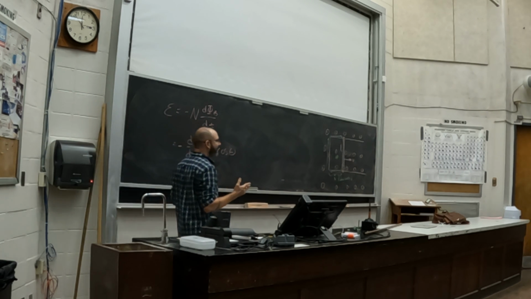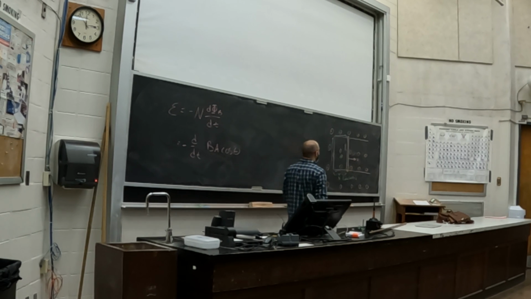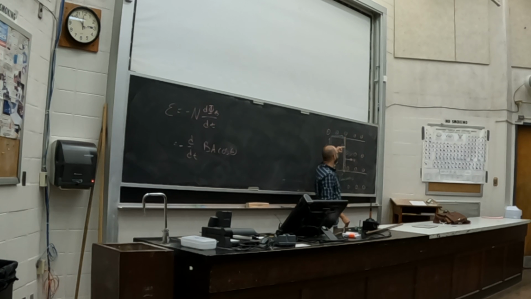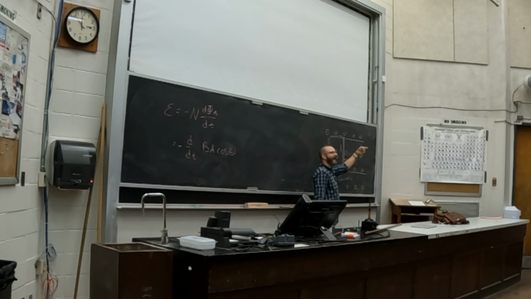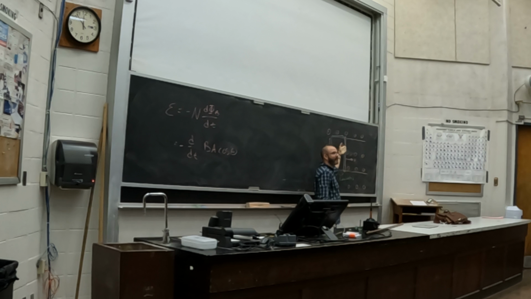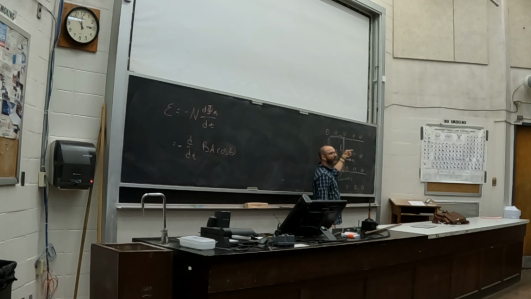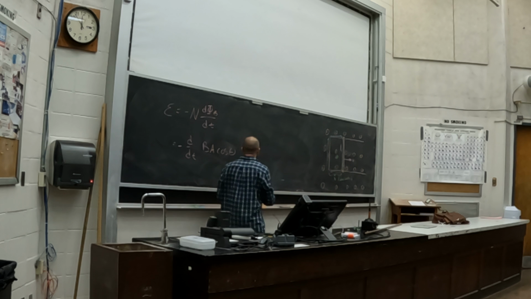So let's figure out what the area vector is, right? Well, the area is on the plane of the board, so the area vector is coming straight out of the board. It's got to be perpendicular to the surface. So it looks like B is coming out of the board. The area vector is coming out of the board. What is the angle between them? 0. What is the cosine of 0?